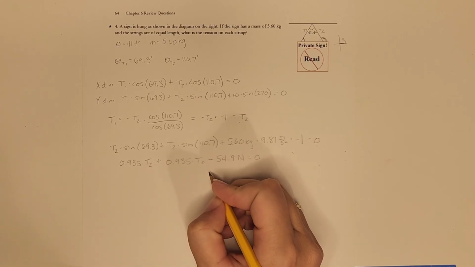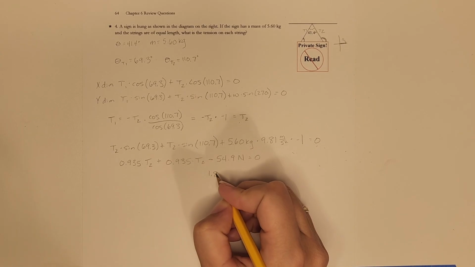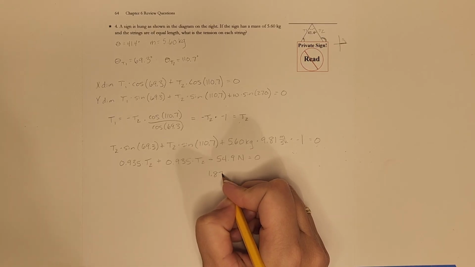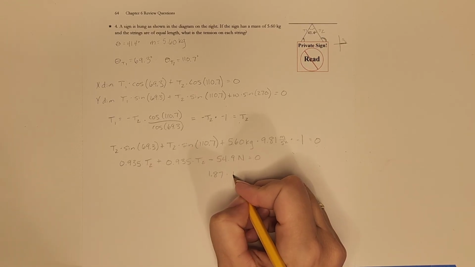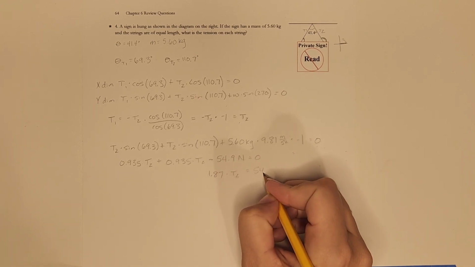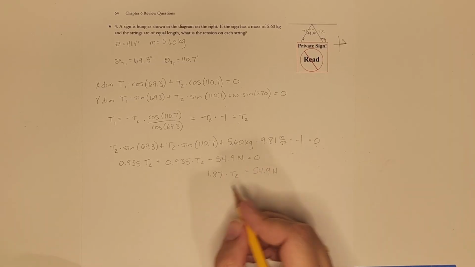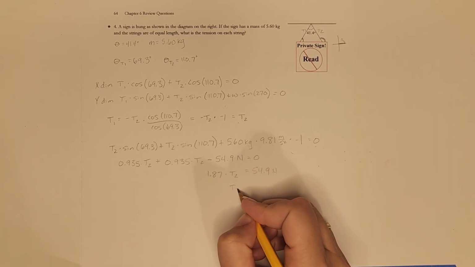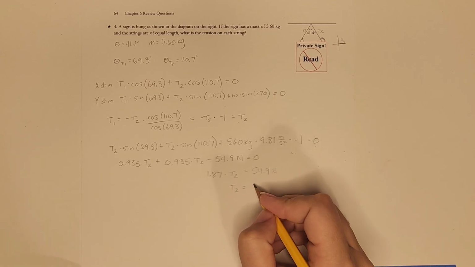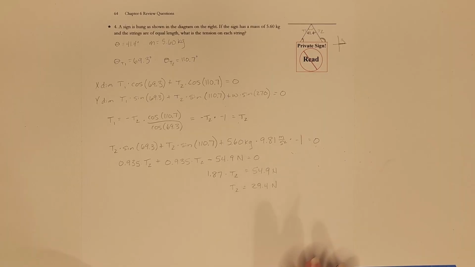Okay, so now I'm going to simplify these further and move this over, and so I get 1.87 times T2 equals 54.9 newtons, and then divide by 1.87, and T2 equals 29.4 newtons.